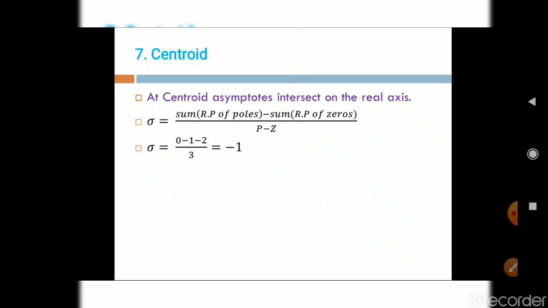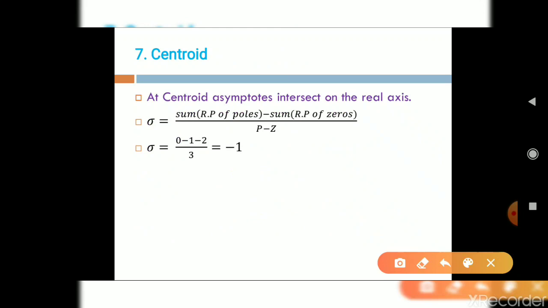That centroid is given by sigma = (sum of real parts of poles - sum of real parts of zeros) divided by p - z. Here I have to consider just the real part. Please don't forget to take the real part.